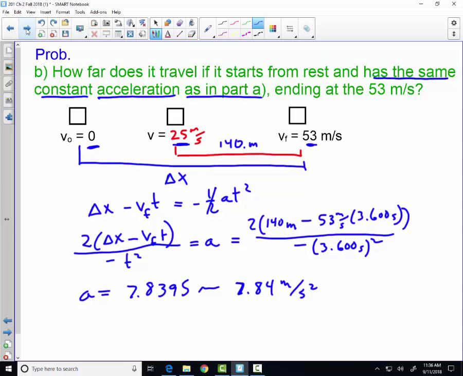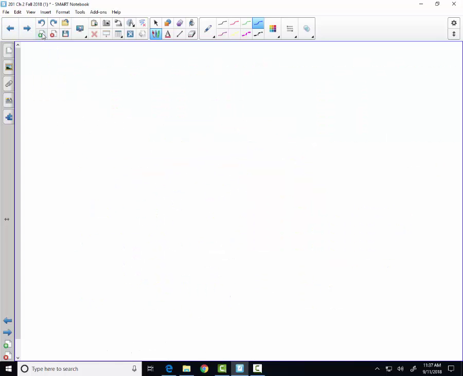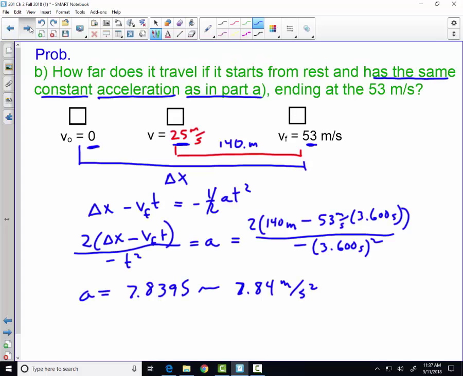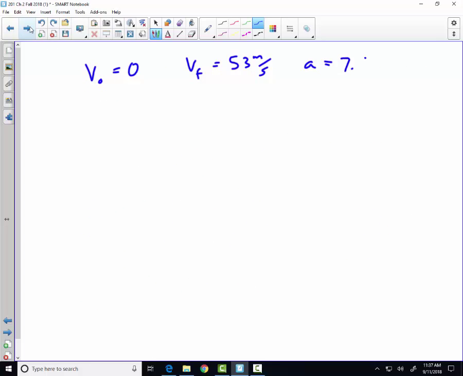Okay, so now I'm going to do my last part. V0 is 0. I'm going to take my V final as the 53. I'm going to use the acceleration that we just solved, so that was 7.84.